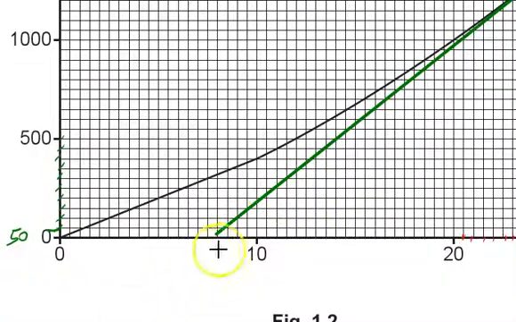In this direction it is 1, 2, 3, 4, 5, 6, 7, 8, 9, and 10. So here should be 5, this is 6, this is 7, and this is 8.